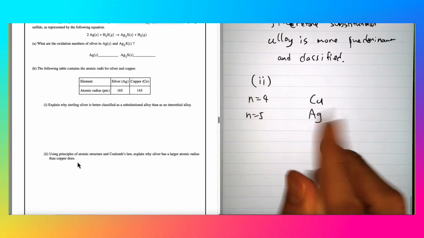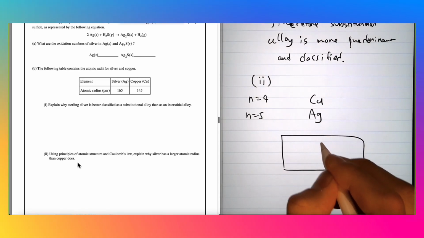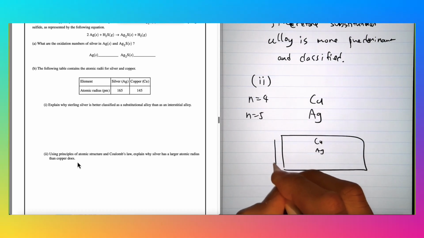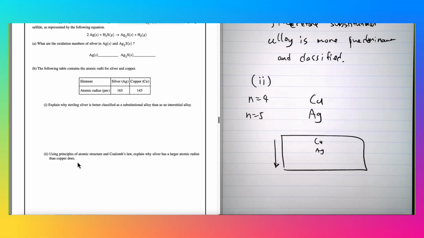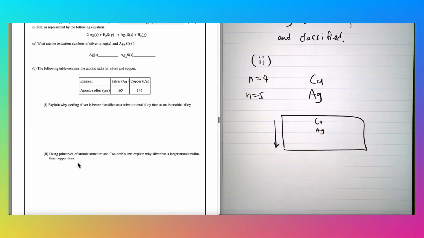Remembering the periodic table trend, if you have silver below and copper above, you're going to get bigger size as you go down the column or family. The reason for that is partly because of the shielding effect of the inner core electrons pushing away the outer, or valence, electron.